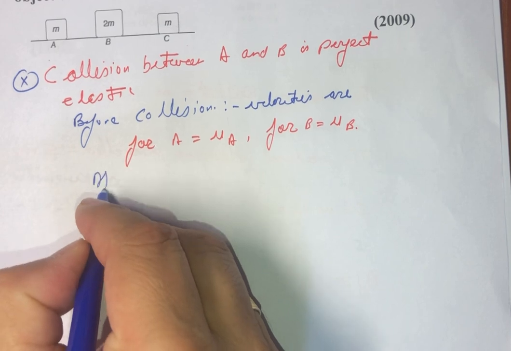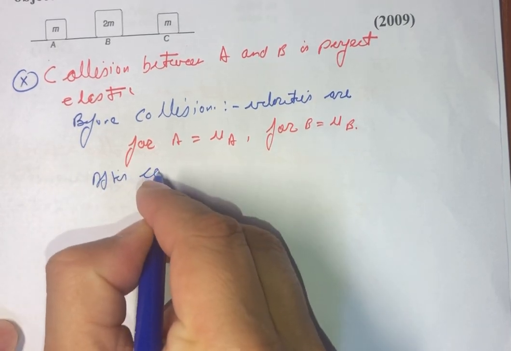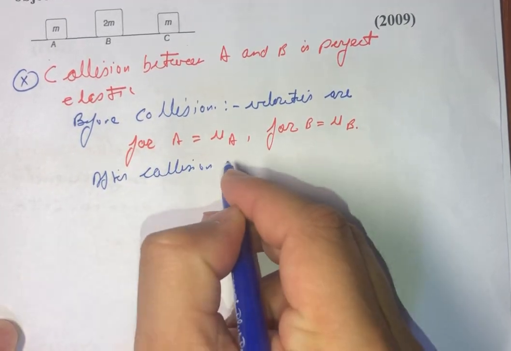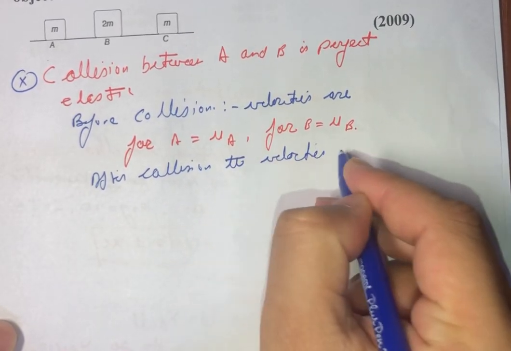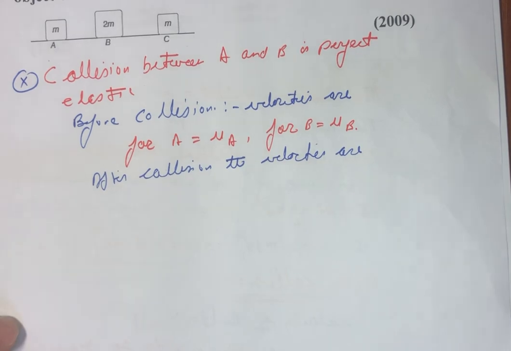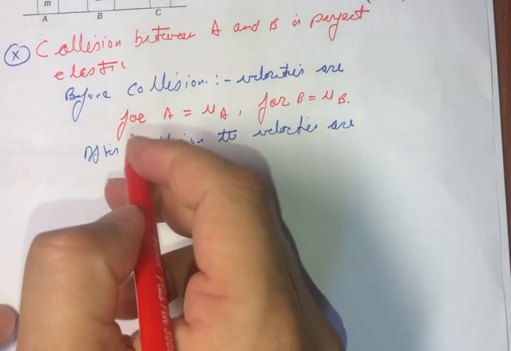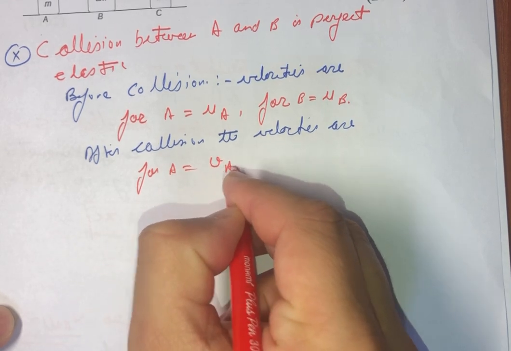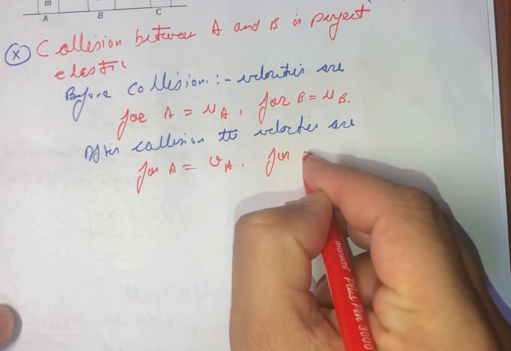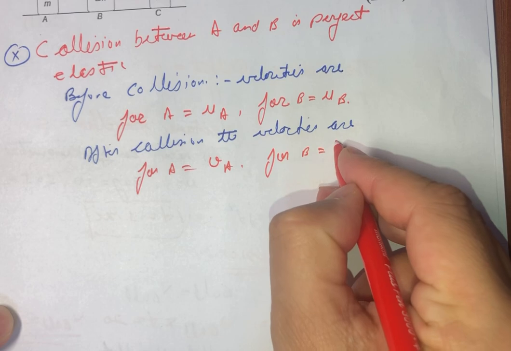After collision, the velocities are, for A, VA, and for B, let us suppose VB.